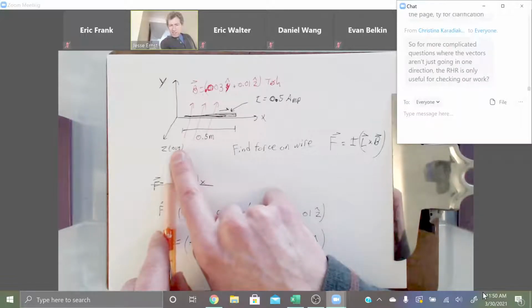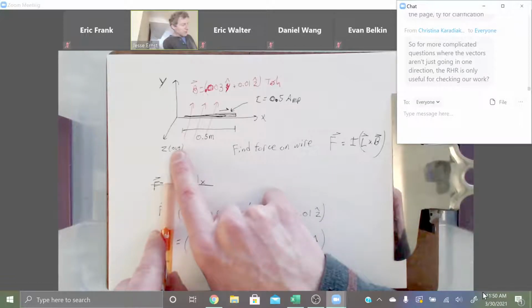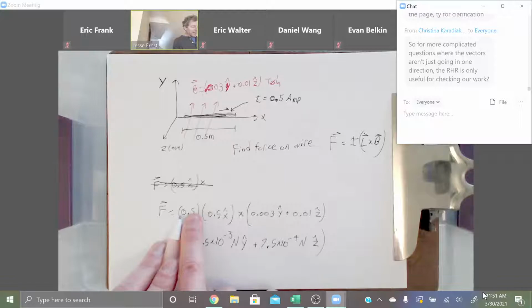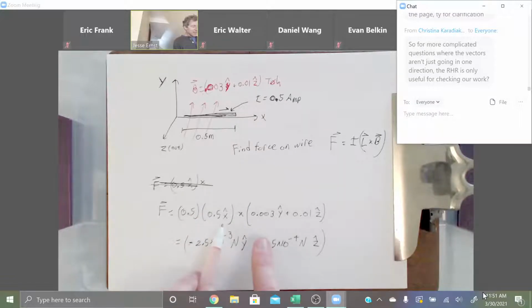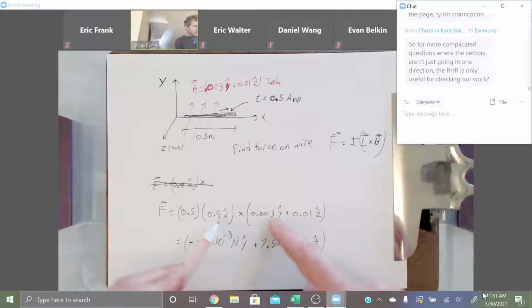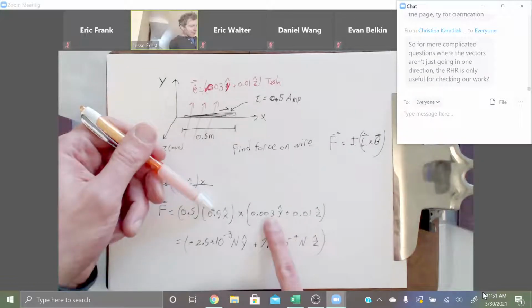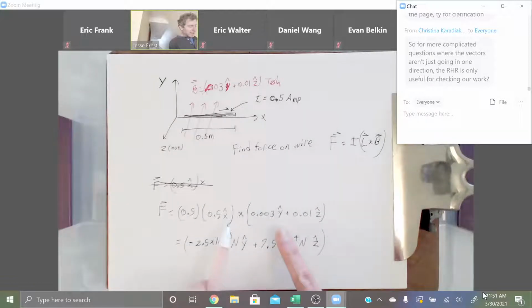Can you state specifically which numbers were multiplied by which? Because my numbers don't agree. This whole thing, 0.5 times, so you can just pull that out and do it at the end. So then we'd have this cross this, which would give you 1.5 times 10 to the minus 3. And then x hat cross y hat gives you z hat.